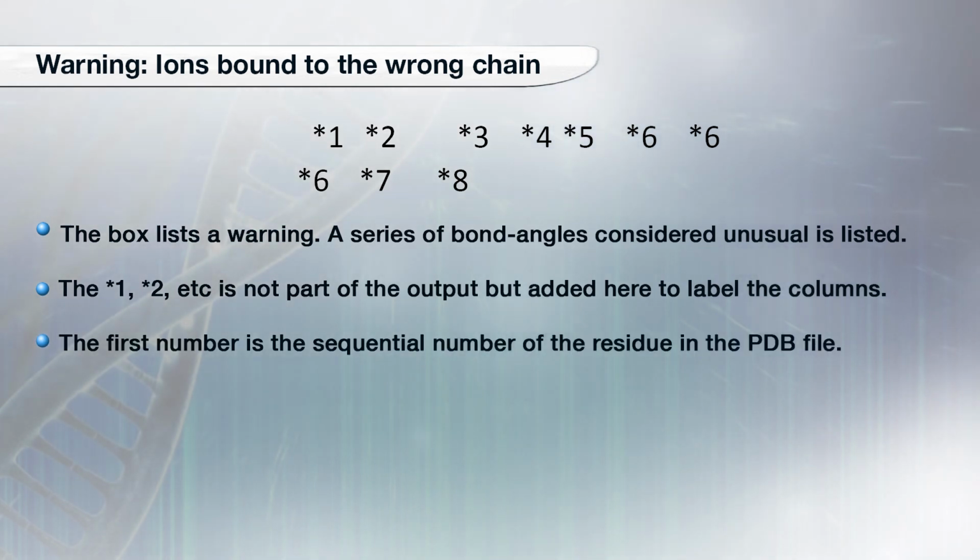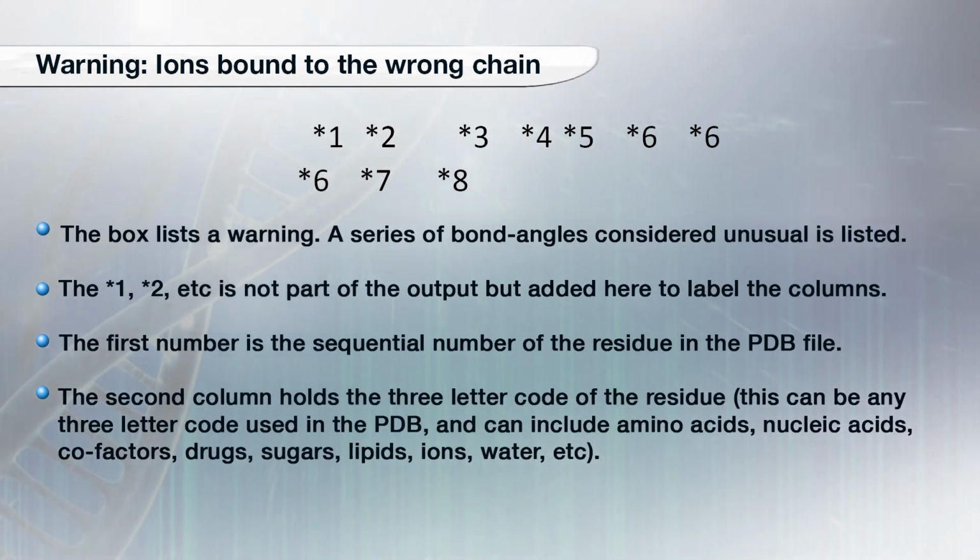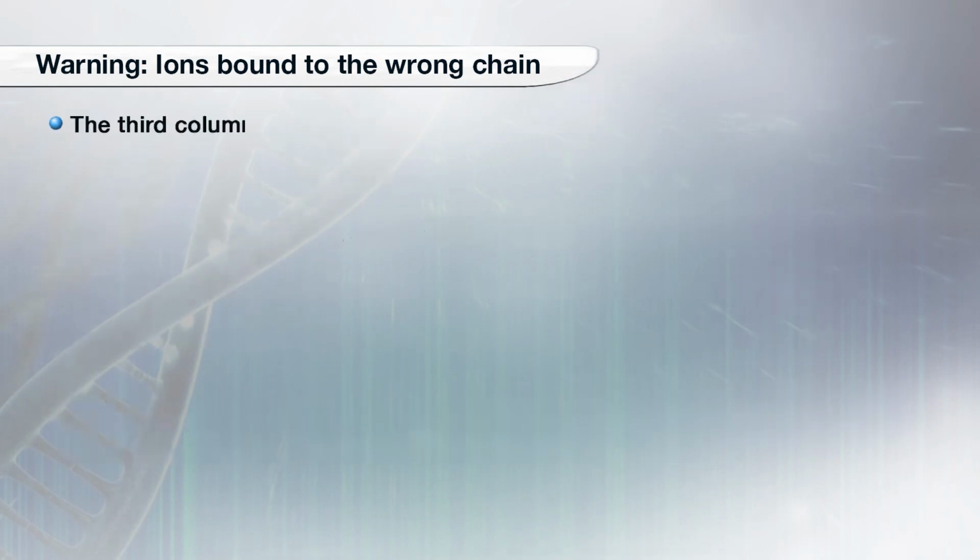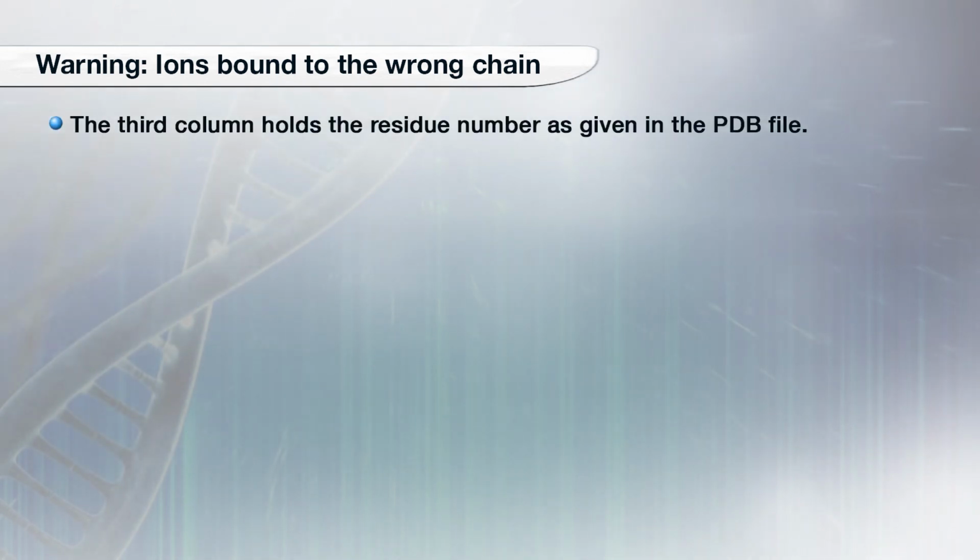The first number is the sequential number of the residue in the PDB file. The second column holds the 3-letter code of the residue. This can be any 3-letter code used in the PDB and can include amino acids, cofactors, drugs, sugars, lipids, iron, water, etc. The third column in the table holds the residue number as given in the PDB file.